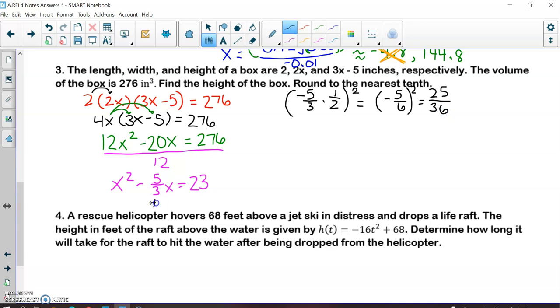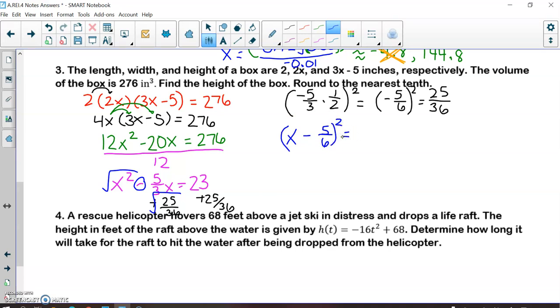I'm going to add that to both sides. Okay. Now on the left side I factor by taking the square root of my first term, which would be x, the square root of 25/36, which would be 5/6, and the operation in between my first and second term, which is a minus sign, and I square that binomial.